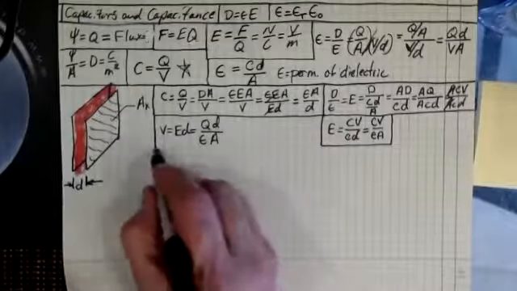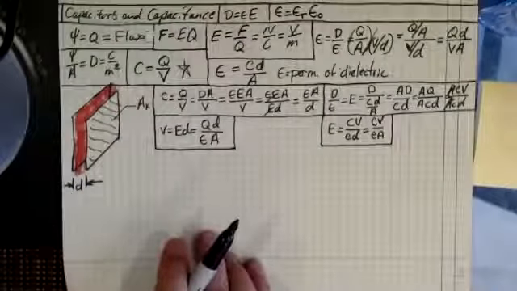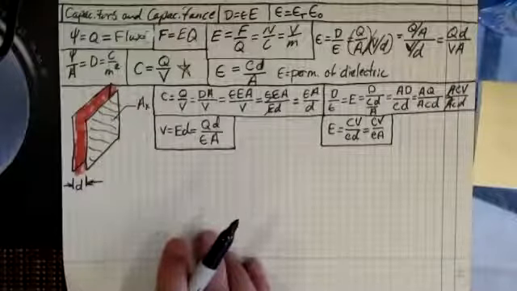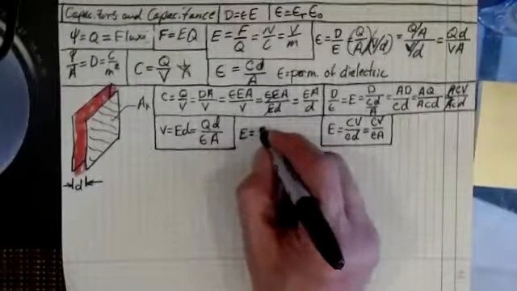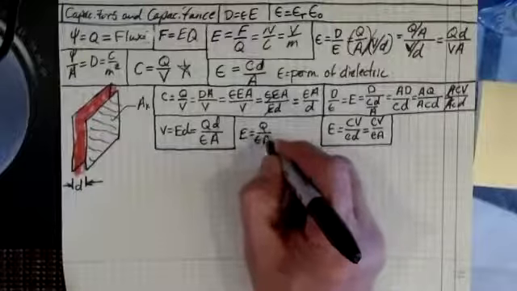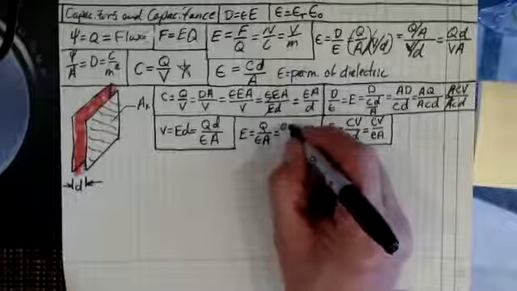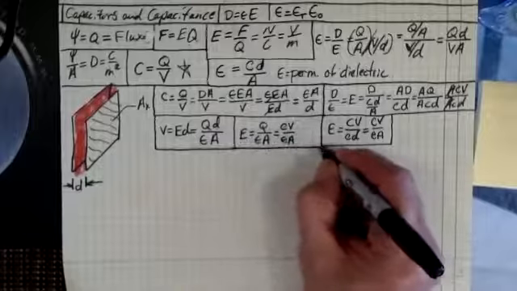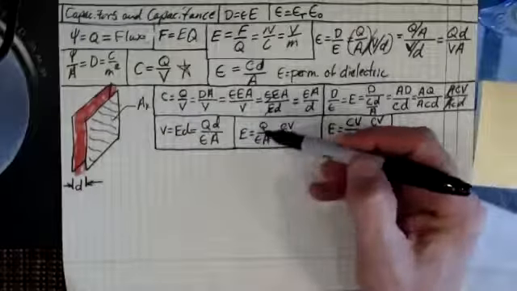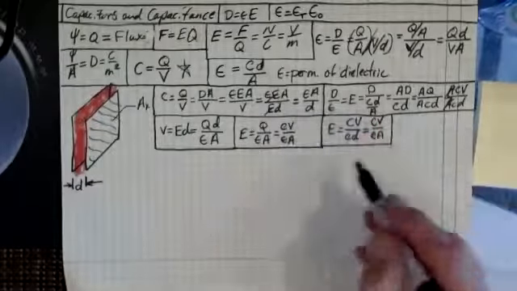I'll do one more. What is it with E? E equals Q over epsilon A equals CV over epsilon A. Is that right? Yep, so that's just another one.